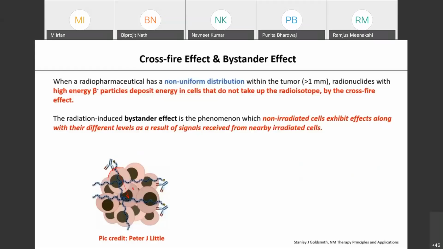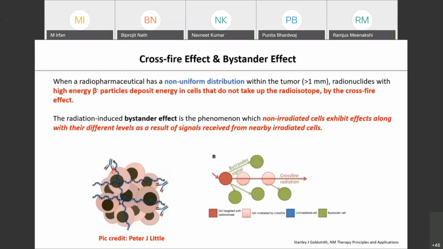Fine. But still there might be some cells which have not received radiation. Those cells must die, and they die because of an effect which we call the bystander effect. For example, this cell has crossfired beta particles to this cell, so these cells have deposited energy and will definitely die. But what about this cell? It won't die because it has not received a radiation dose. But still this cell dies, because the cell which has been exposed to radiation secretes some signals, which we call bystander signals, and these signals go and kill the cell.